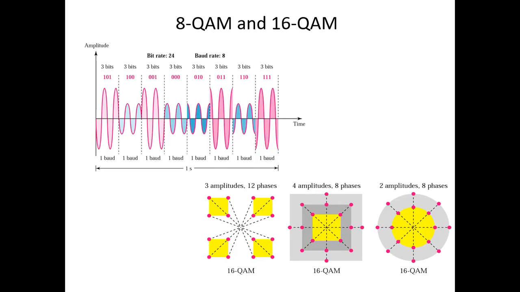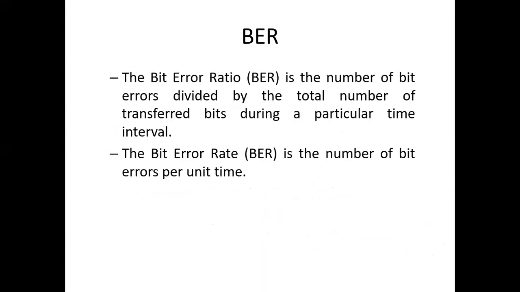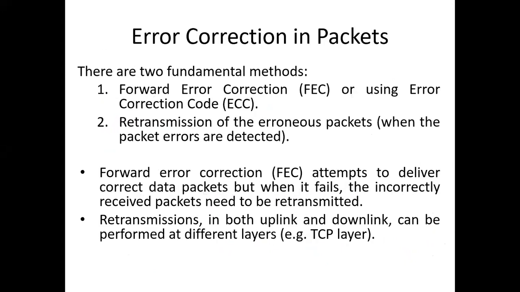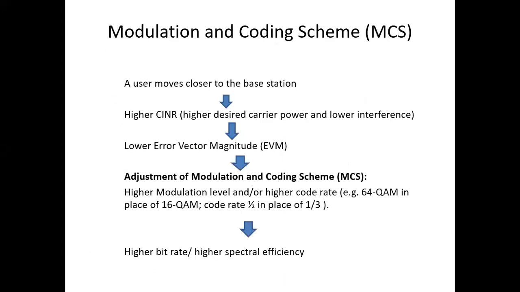So when you have a higher error vector magnitude, it means the dot is shifted more, and so it is closer to the next position, and so you have more chances of errors. That can happen with poor CINR condition, as we are showing here.